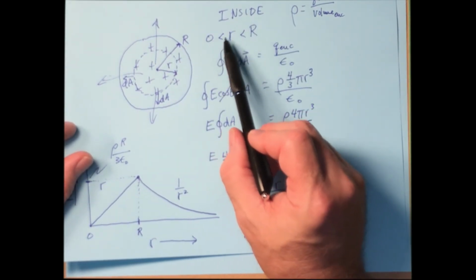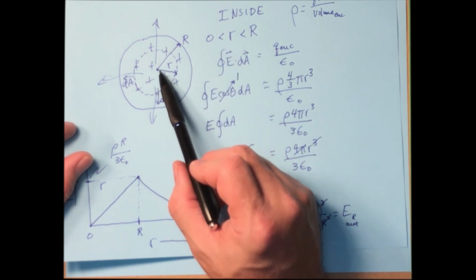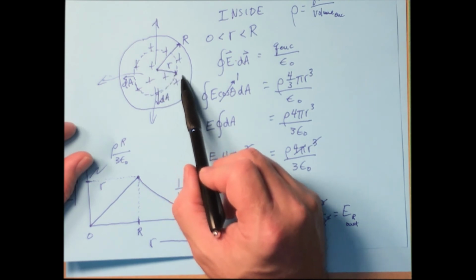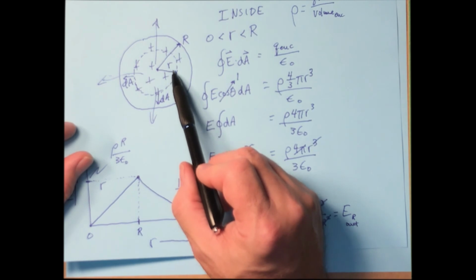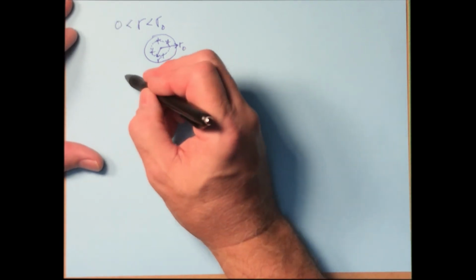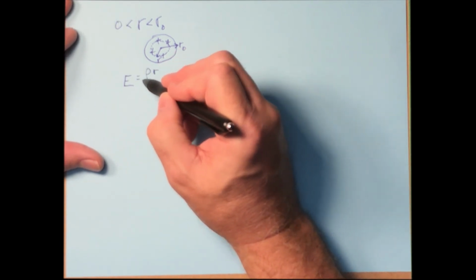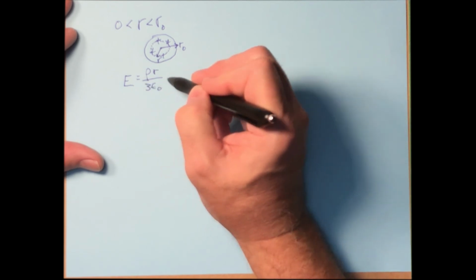We were between 0 and big R. So what did we have? Our little r varies between 0 and big R and encloses more and more and more of the volume charge distribution. And we saw that the electric field grows proportionately like this. So really, the answer to that we already know. That's E equals rho R over 3 epsilon naught.